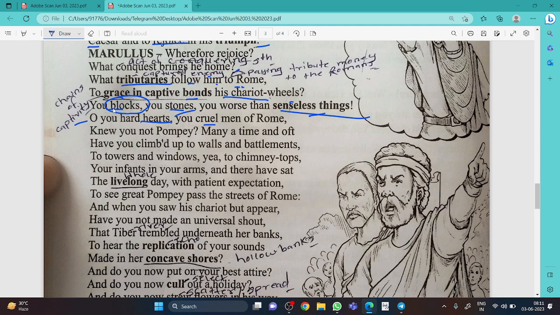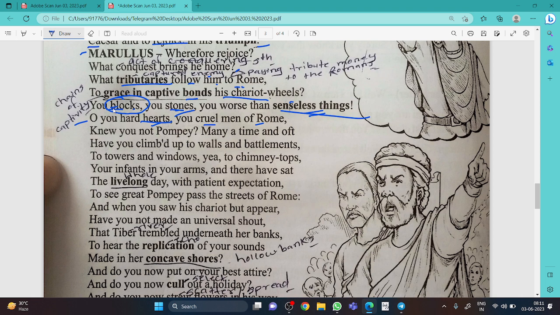That's why they were absolutely ignorant about the news that Julius Caesar defeated so many people and was just now coming back. But instead of celebrating the homecoming of Julius Caesar, this Marullus was abusing the common people, like you blockheaded, you stones, you worse than senseless things, oh you hard hearts, cruel men of Rome.